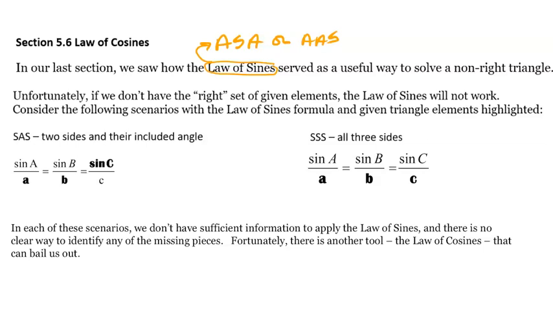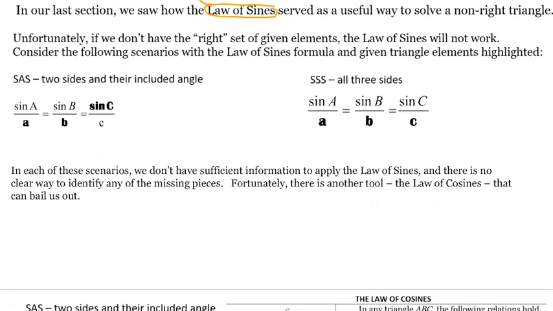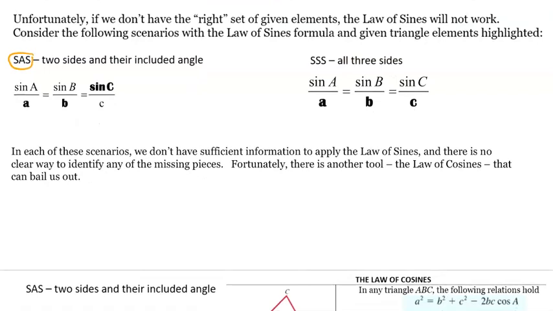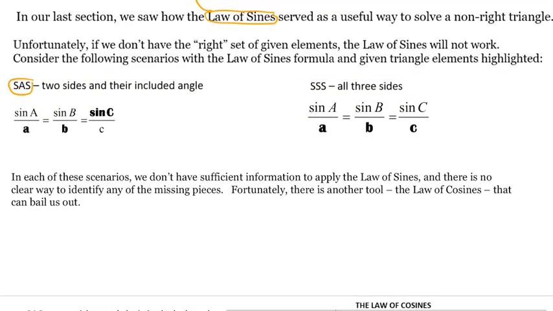Okay, so for one, if you are looking at a situation where they give you side, angle, side, and you would try to do law of sines, look what you're going to see. Here's your setup, a side and an angle. I don't have any kind of pairs to start off having a proportion, and therefore I can't use law of sines.